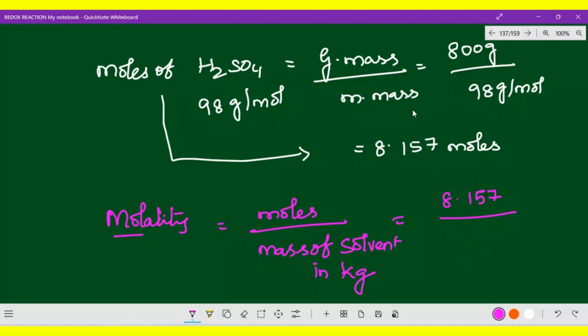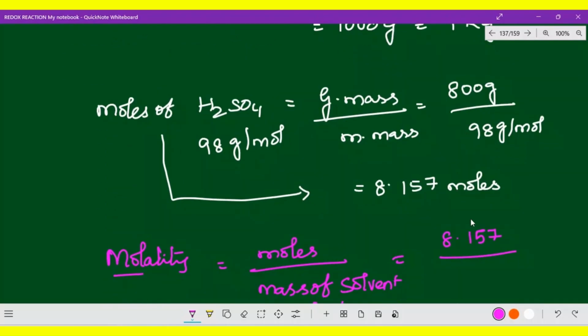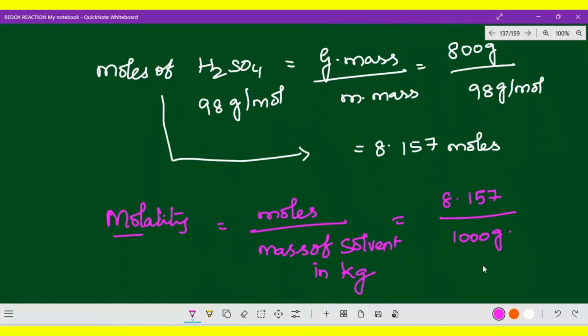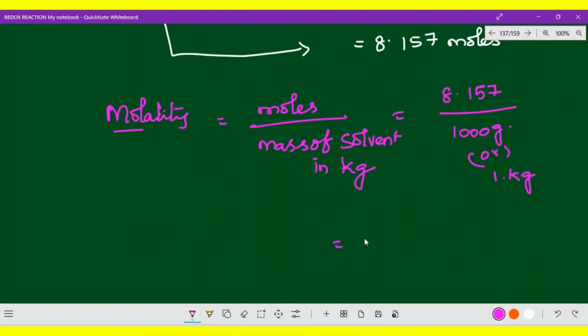How much did we find? Here 1000 grams, or 1 kg. So what is the answer you will bring here? You will get around 8.157, so we can bring it as 8.16. So this is molality, how can we write it? Mole per kg. I hope you got the clarity.